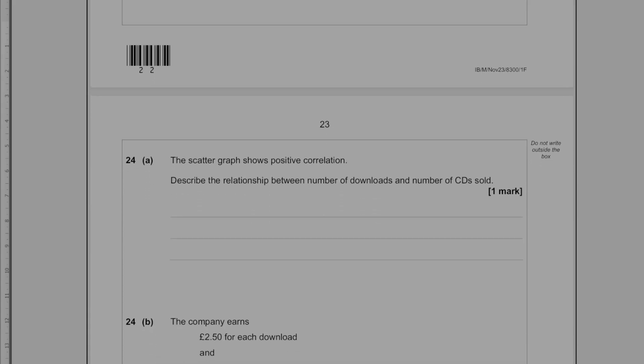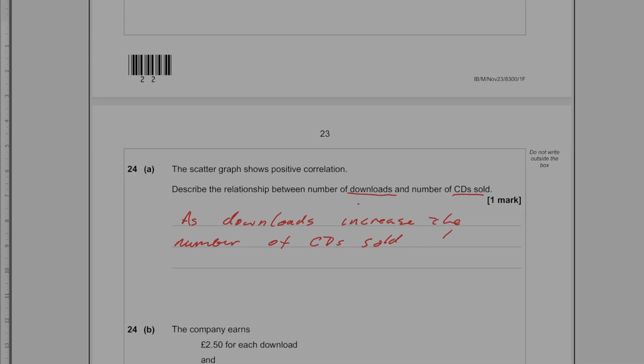So as downloads increase, the number of CDs sold also increases.